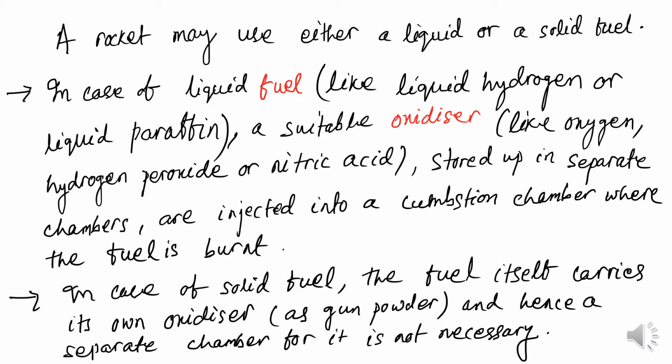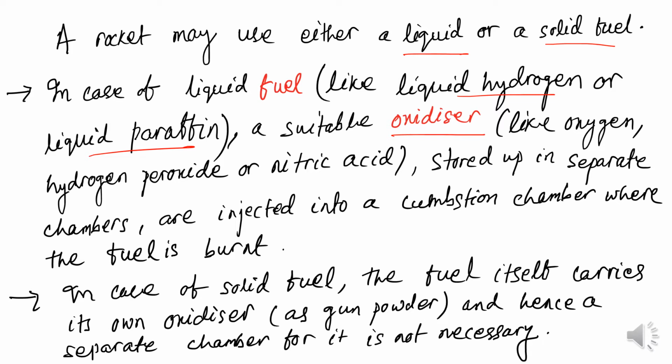There can be two types of fuel used by the rocket. One is solid fuel, and the other option is liquid fuel. If it is liquid fuel, then it can be liquid hydrogen or liquid paraffin. In addition to that, there will be a suitable oxidizer like oxygen, hydrogen peroxide, or nitric acid.